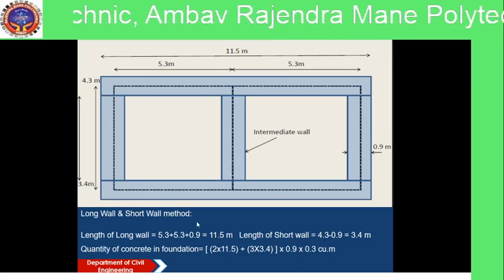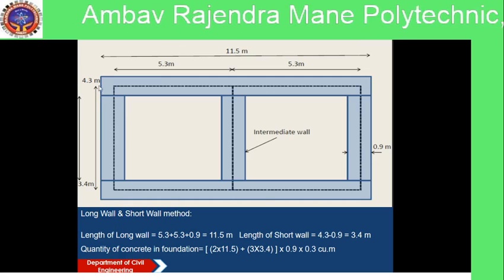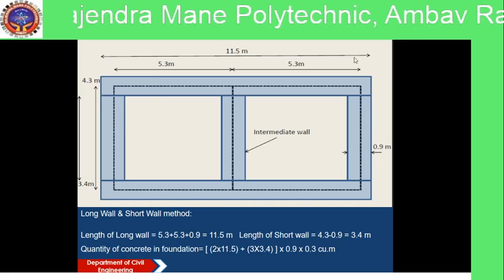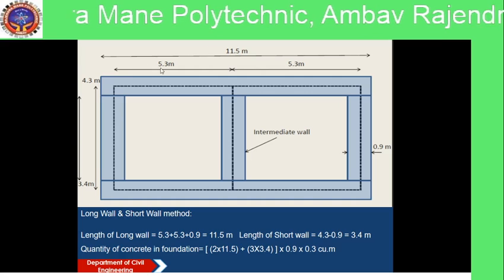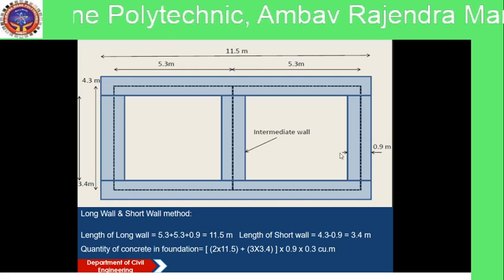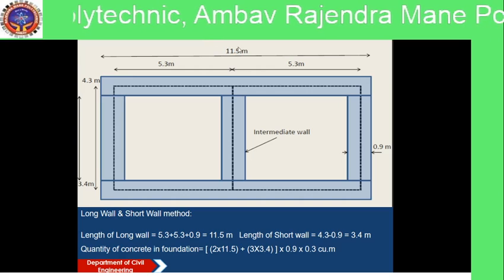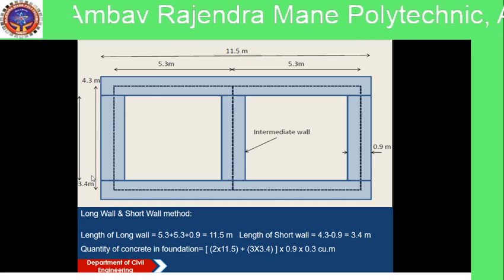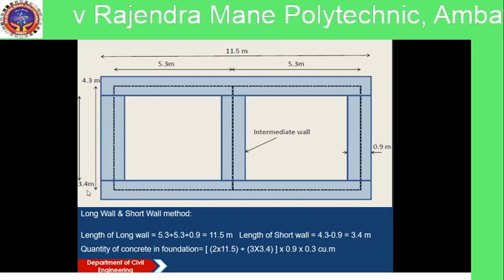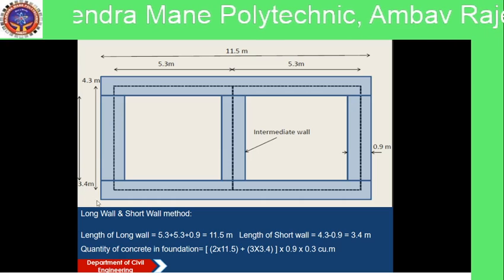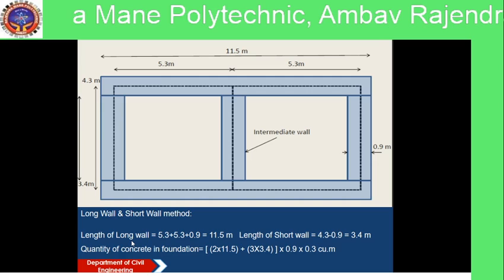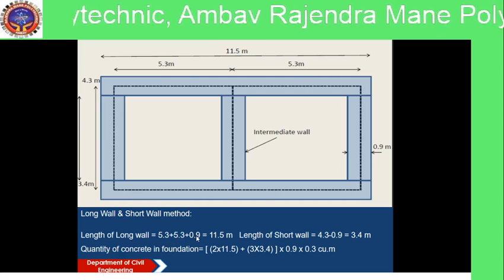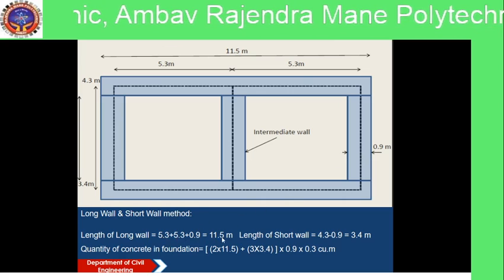Okay, similarly for the long wall short wall method, first prepare the center line plan and calculate the length of the long wall. Length of long wall is equal to 5.3 plus 5.3 plus 1 width of an atom, which is 11.5. For the short wall, 4.3 minus 1 width of an atom, so 3.4. So total length of long wall is equal to 5.3 plus 5.3, 5.3 plus 5.3 plus 0.9 width of an atom, equal to 11.5 meter.